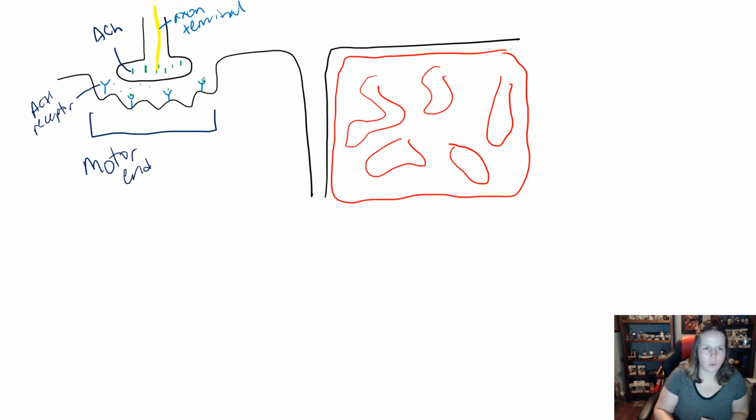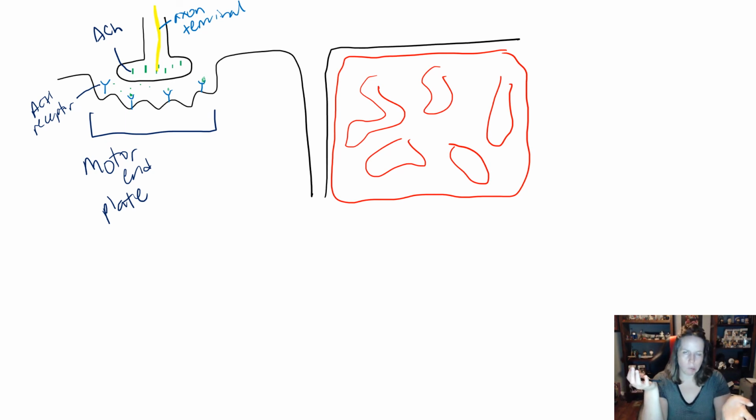The reason it's so specific is that this is the area right underneath the axon terminal. I don't want acetylcholine receptors everywhere along the sarcolemma, because I'm not getting directly stimulated along the entire sarcolemma. I'm only getting stimulated by acetylcholine underneath that axon terminal, so it only makes sense to have them there.